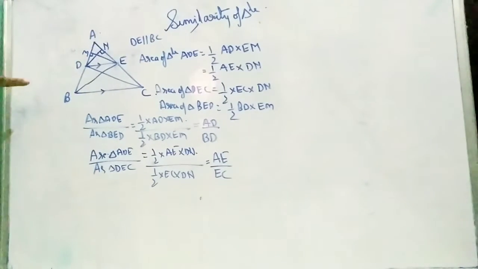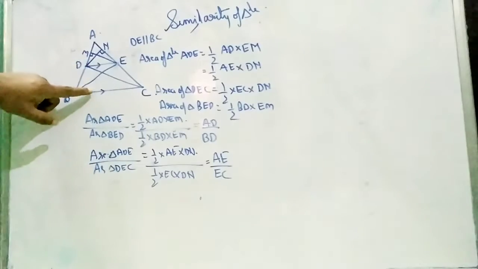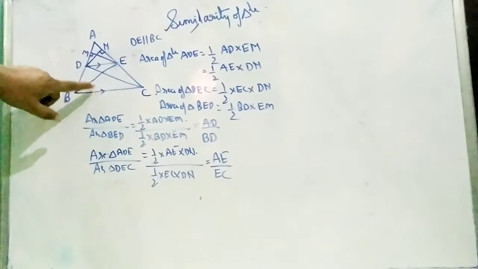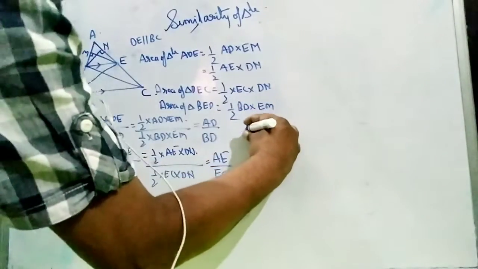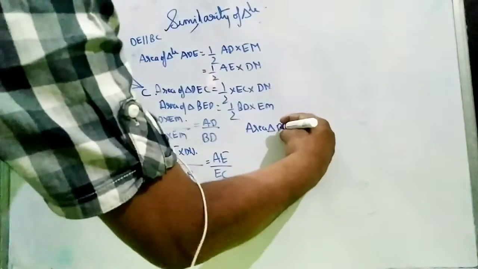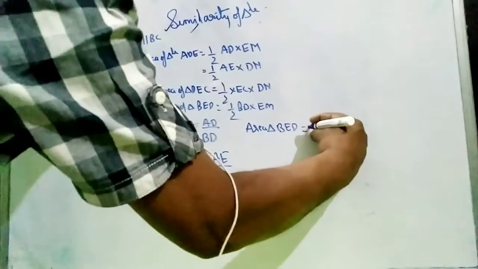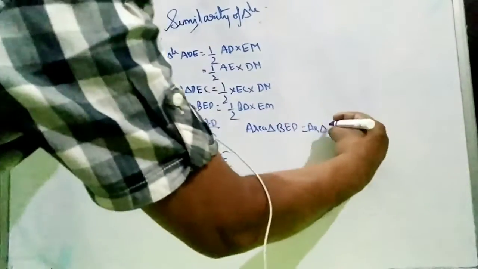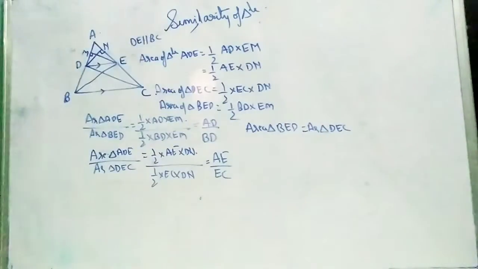Now according to the parallelogram law, two lines are parallel, so triangles between the same base and between the same parallels are always equal in area. So the area of triangle BED is equal to area of triangle DEC.